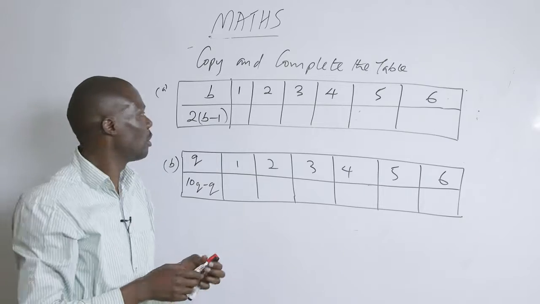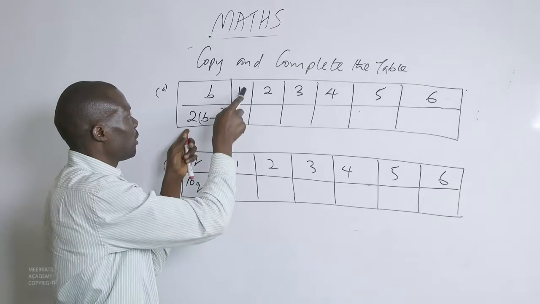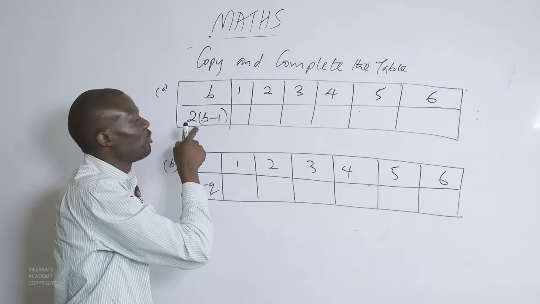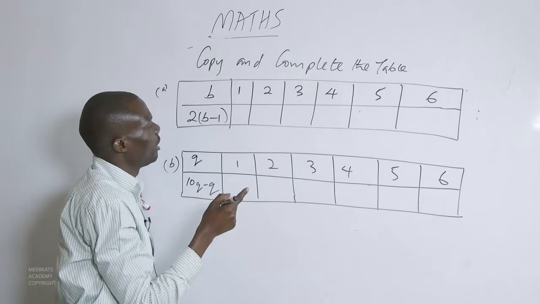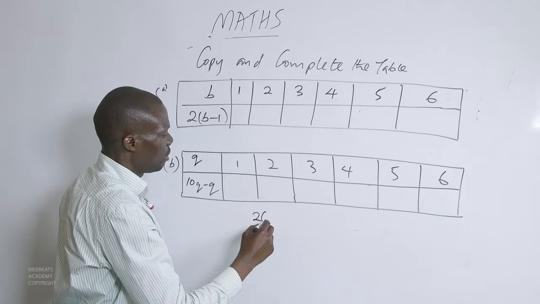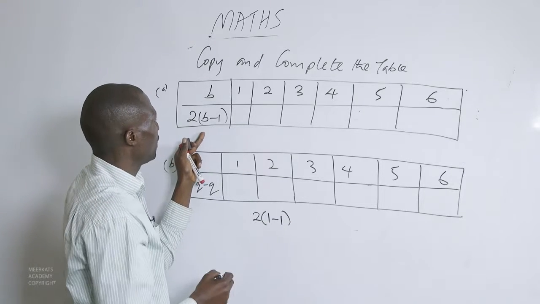For example, to illustrate the first part: if b is 1, what is the value of 2 in bracket b minus 1? This will mean we shall take 2 into b, and b is 1 minus 1, right?